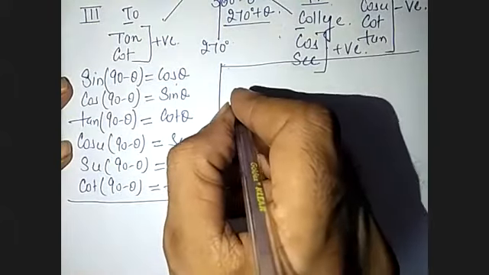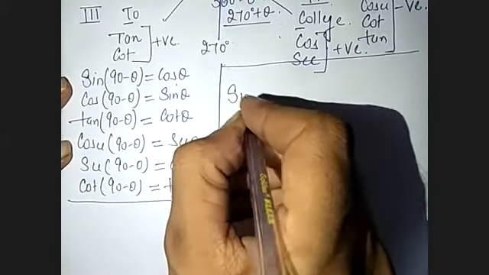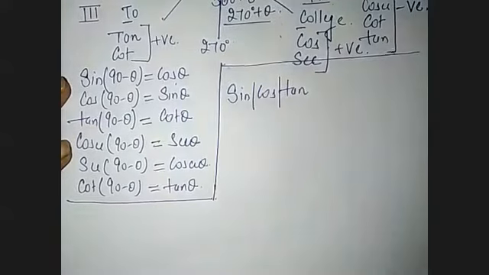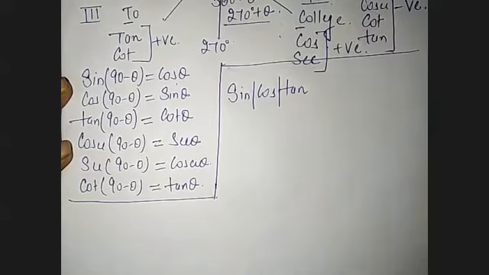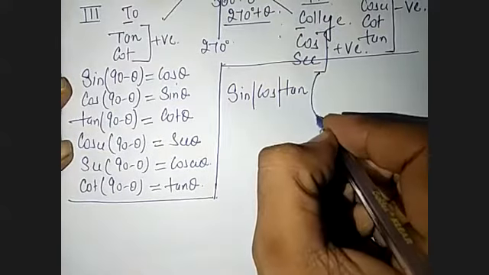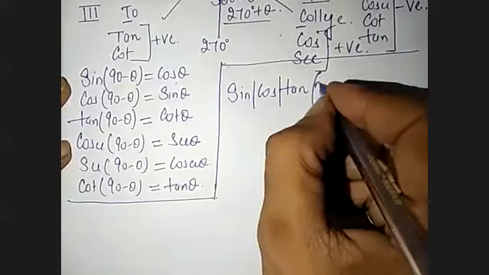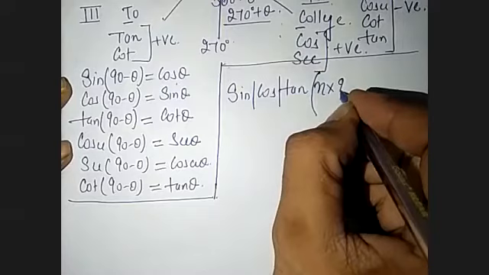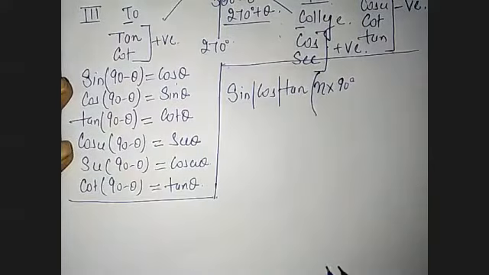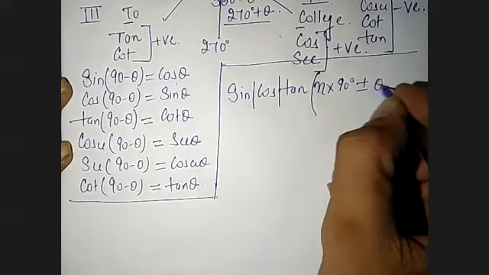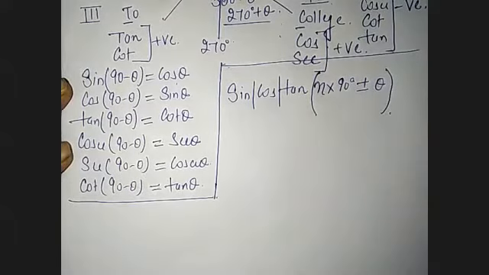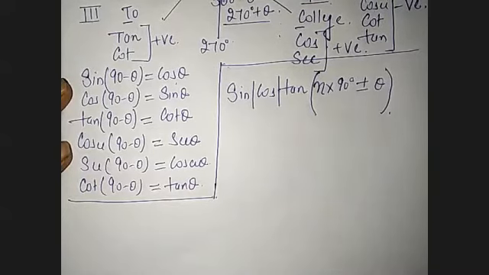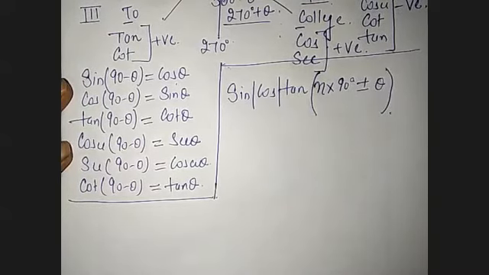So we have a formula that if it is sine, cos, tan, any trigonometric ratio, and we try to give that angle in this form, n into 90 degree plus or minus theta, this will tell us in which form the answer will come.